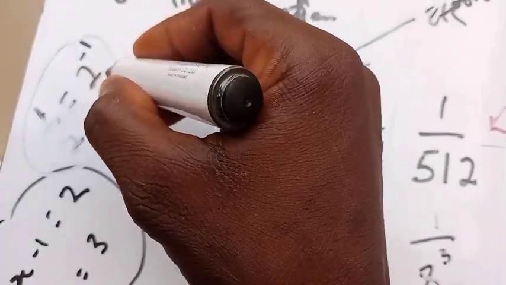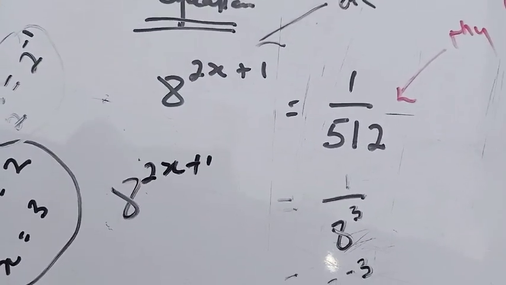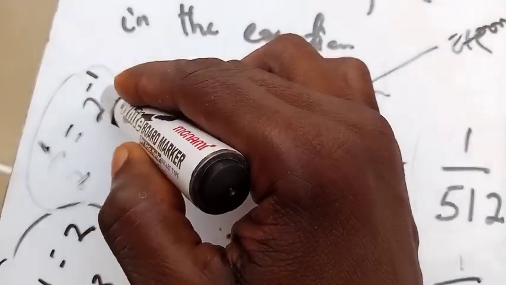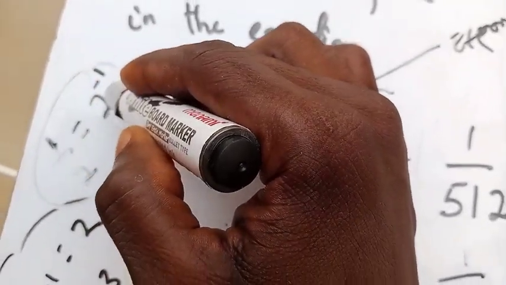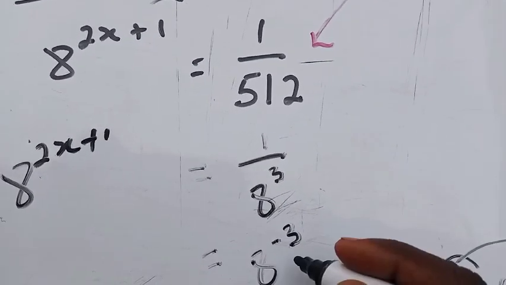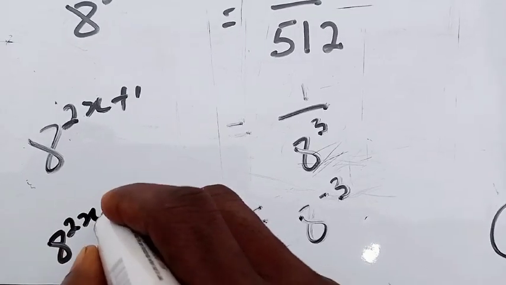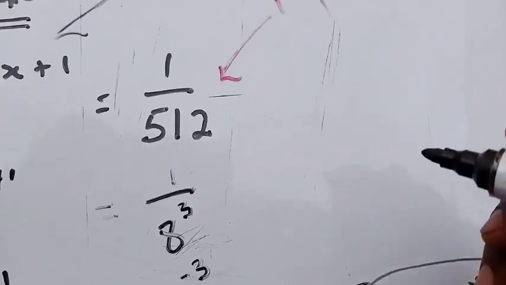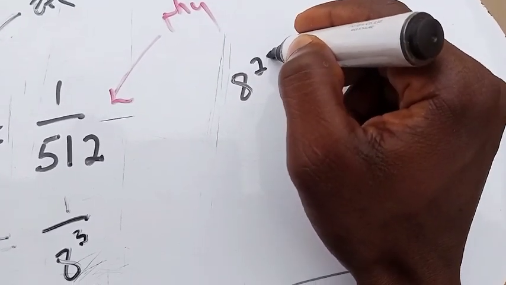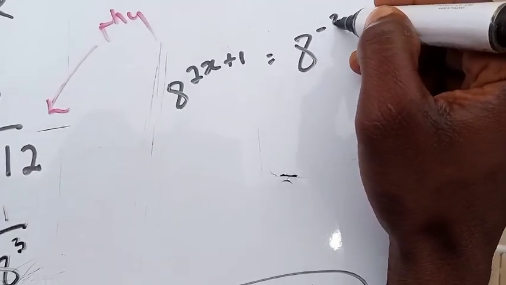This is just an assumption, or the fastest way you can remember how to write this fraction with a negative exponent. All right, so perfect. Once you have this, we still have our 8 here raised to the power 2x plus 1. So from here we can say that 8 raised to the power 2x plus 1 is going to be 8 raised to the power negative 3.